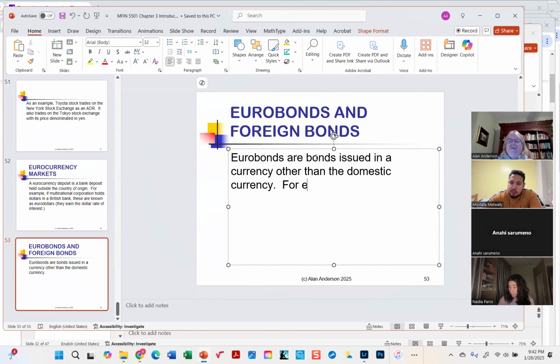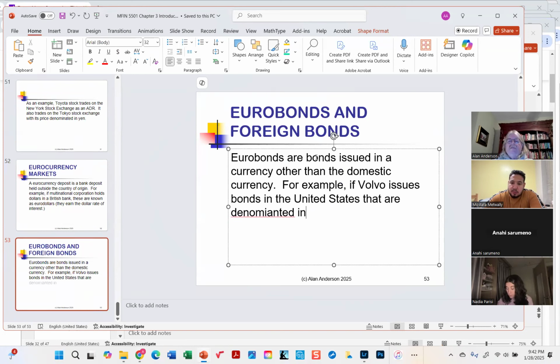For example, if Volvo issues bonds in the United States that are denominated in kroner, which is, by the way, the plural of krona, the Swedish word for crown, they are Eurobonds.